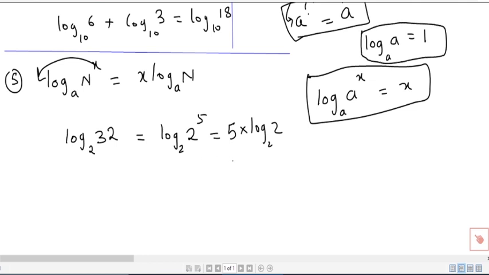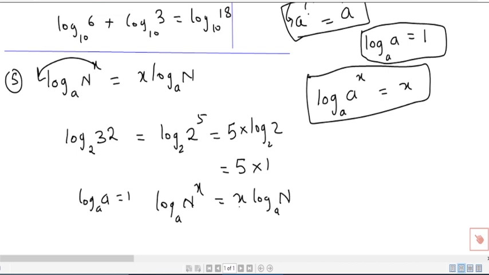So combine these two properties, you will get 5 into 1, because log 2 of 2 is 1. Log 2 of 2 is 1 because log a of a is 1. Another property is log a of n to the power x is equal to x log a of n.